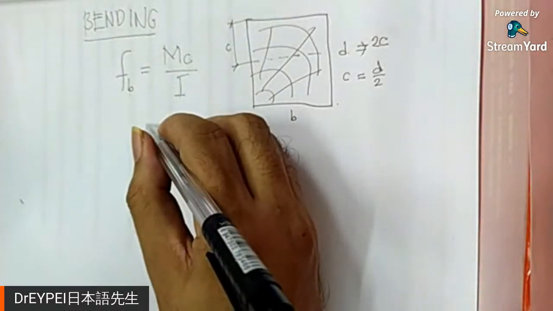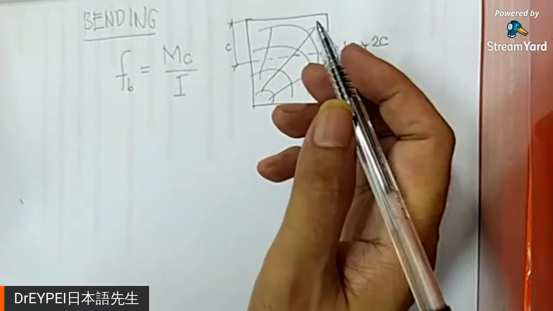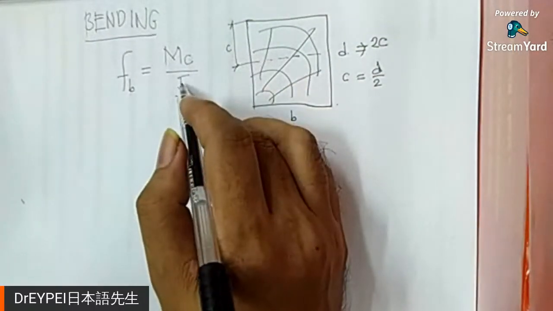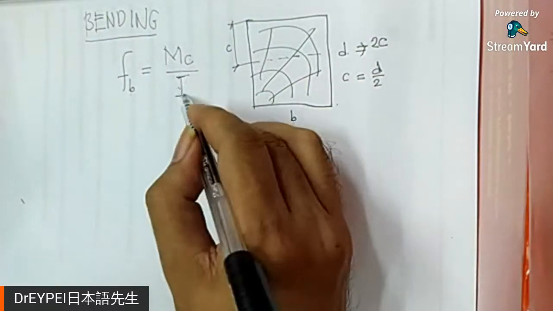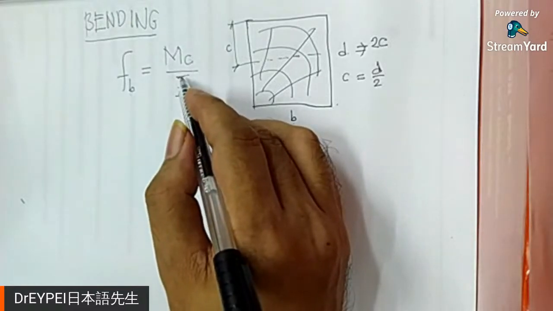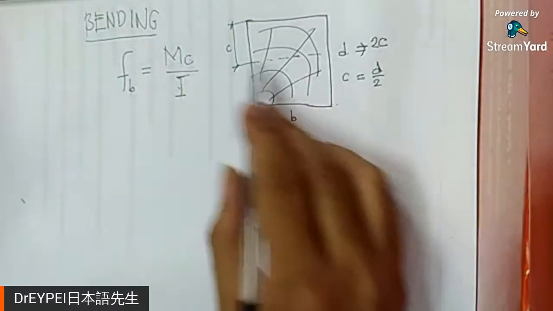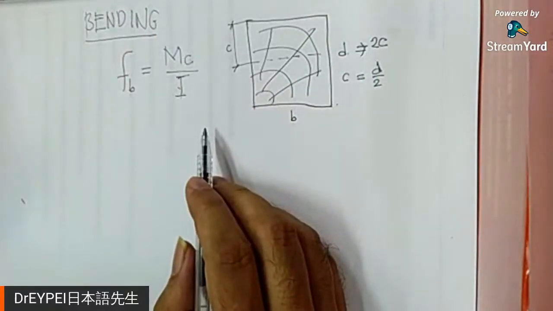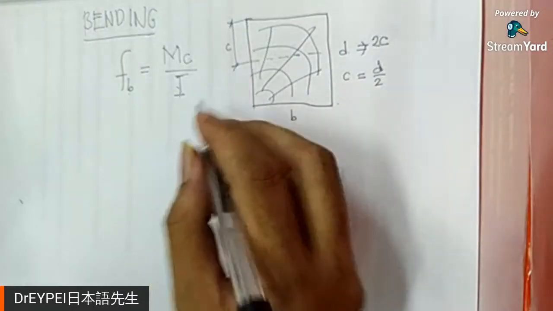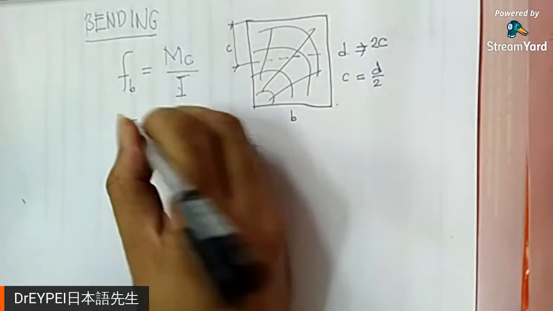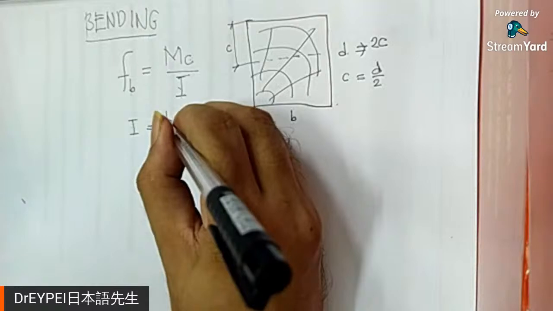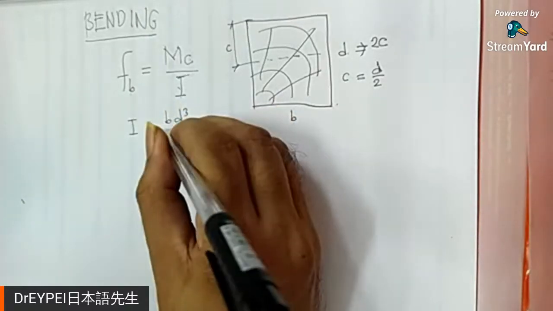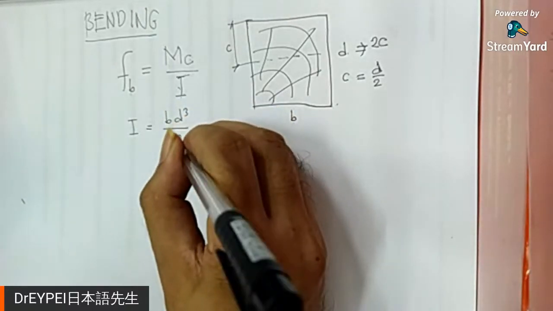So I, how do you express the I? So this is what? Moment of inertia. If we substitute these values here, we will be able to, because if you can notice, I is just what? BD cube over 12.